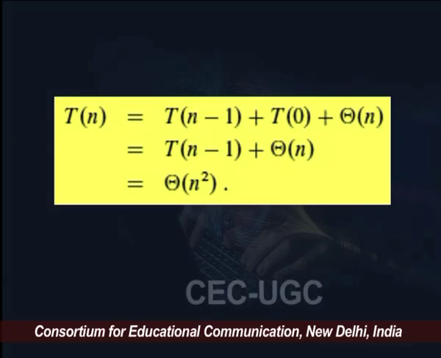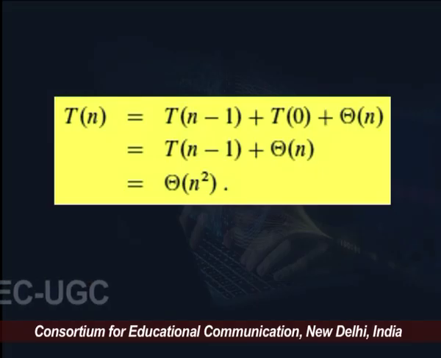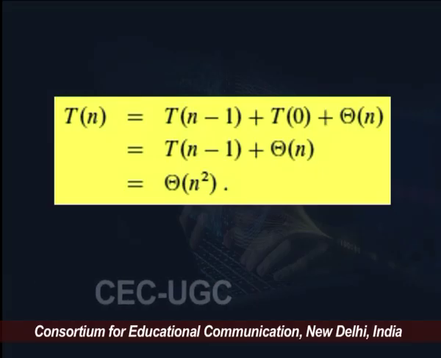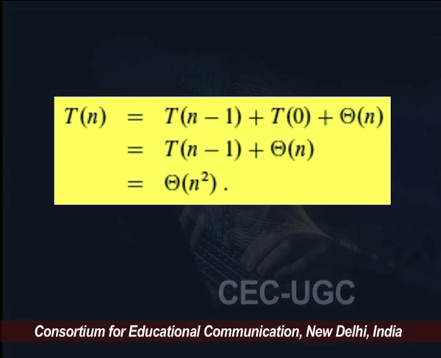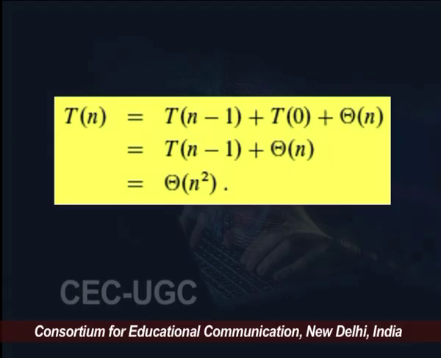Now, the next thing which we need to sort is T of 0, that means the partition in which no element is present, and the last thing which we still need to sort is a subarray of n minus 1 elements. So, to account for that, we have written T of n minus 1.